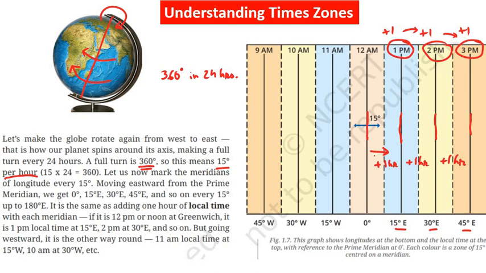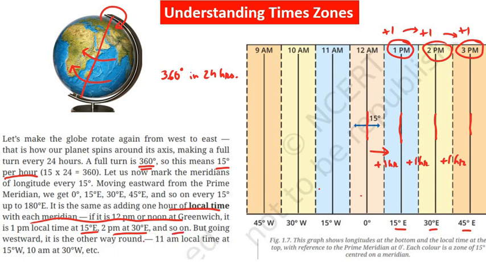So this is the same as adding 1 hour of local time with each meridian. So if it is 12 pm or noon at Greenwich, it is 1 pm local time at 15 degrees east, 2 pm at 30 degrees east, and so on.